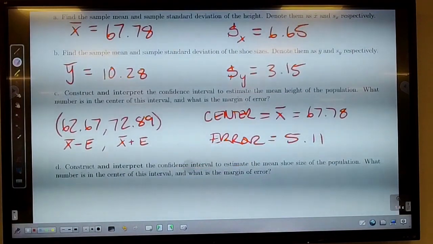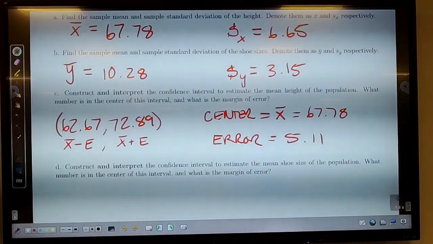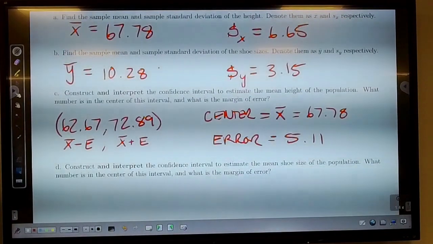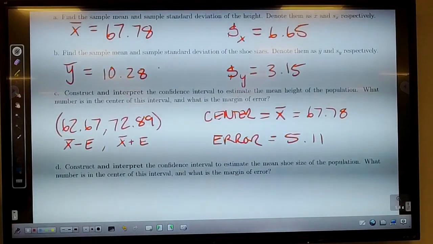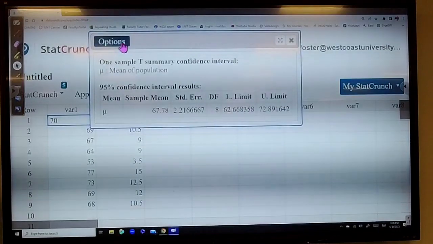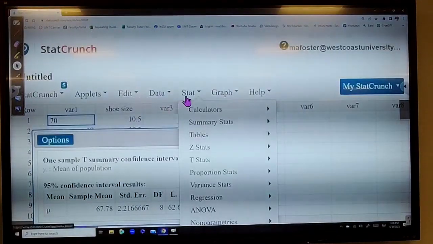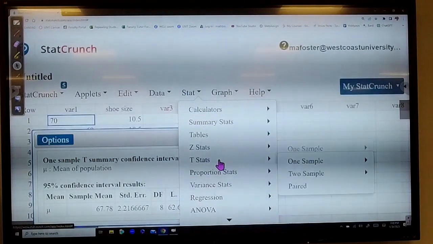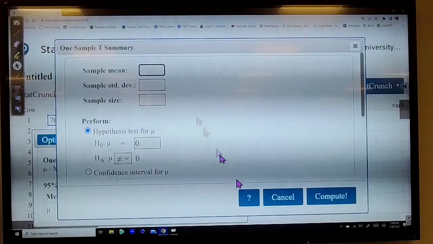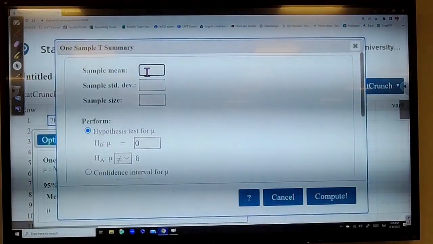All right, now we're just going to do the very same thing for the shoe size. Now I want to do the confidence interval for the shoe size. I'll just move this down here, and I'll go to stat, t-stats, one sample with summary. And this time use my information having to do with the shoe size.